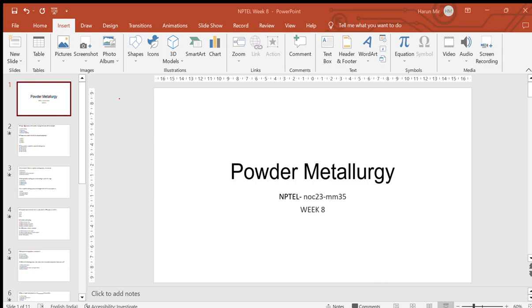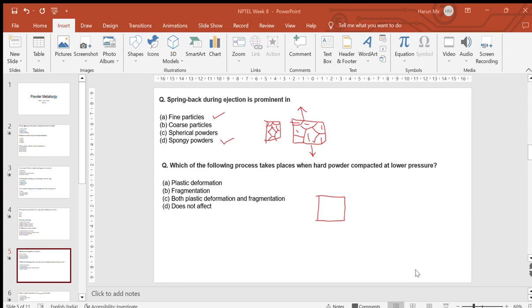Now we have another question that says which of the following processes takes place when hard powder is compacted at lower pressure. We know that the properties of the powders, such as the morphology of the powders, affect your compaction.